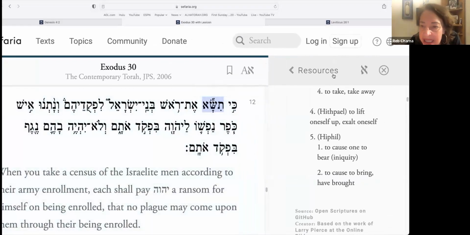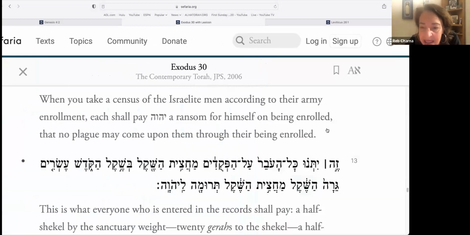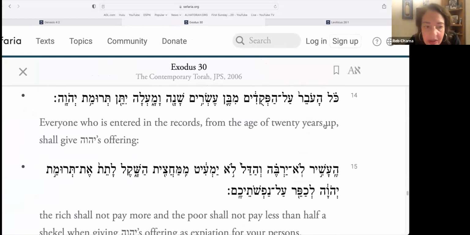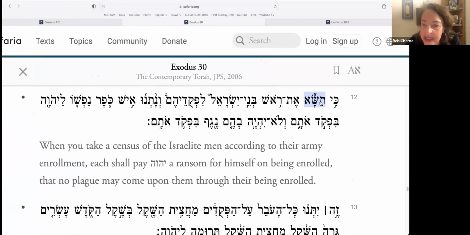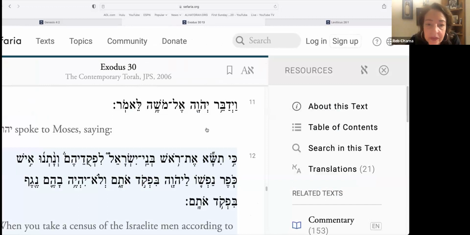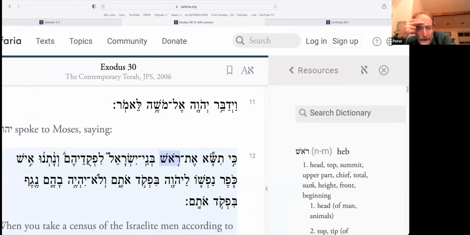I've tried so many times to switch this to keep it with the Fox translation, and I just haven't been able to figure that out yet. But we have a sense of, what are you lifting up? You're lifting up et Rosh. What does Rosh mean, you all? It's head. But why head, isn't it summit?